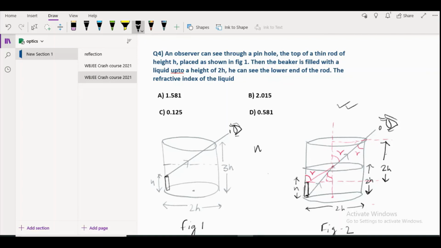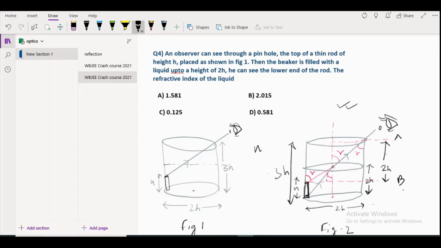Simplifying the diagram, we can see that the distance between points A and B is 2h, because the whole beaker is of height 3h and the rod is of height h, so the distance between point A and B should be 2h.